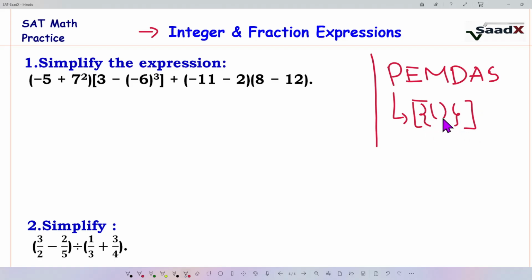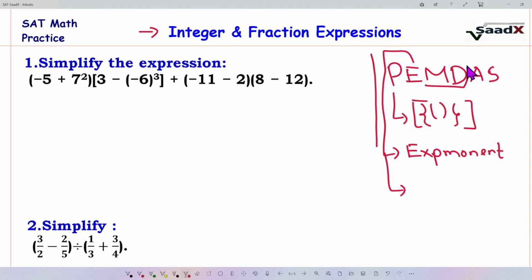We have to work first parenthesis, second exponent, third, M and D, multiplication and division, which one comes first, left to right, and then addition and subtraction, which one comes first, addition or subtraction.